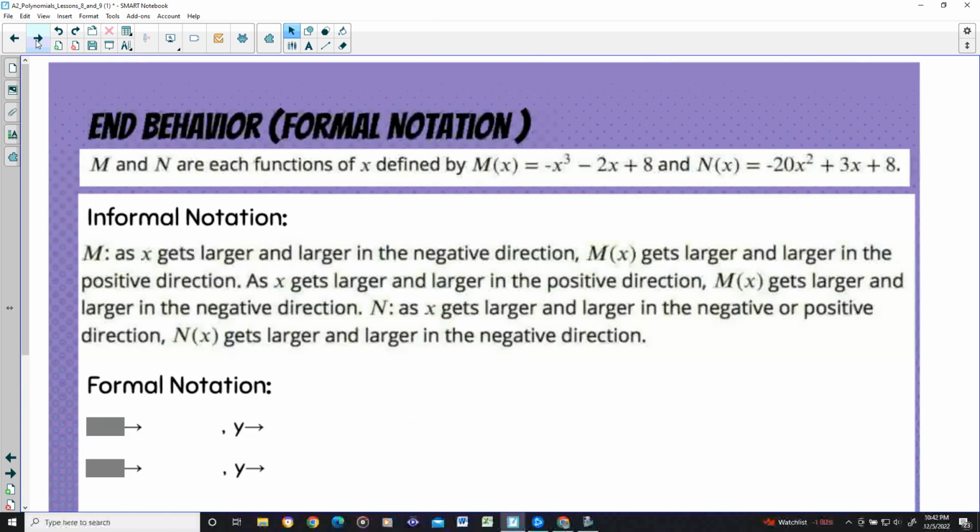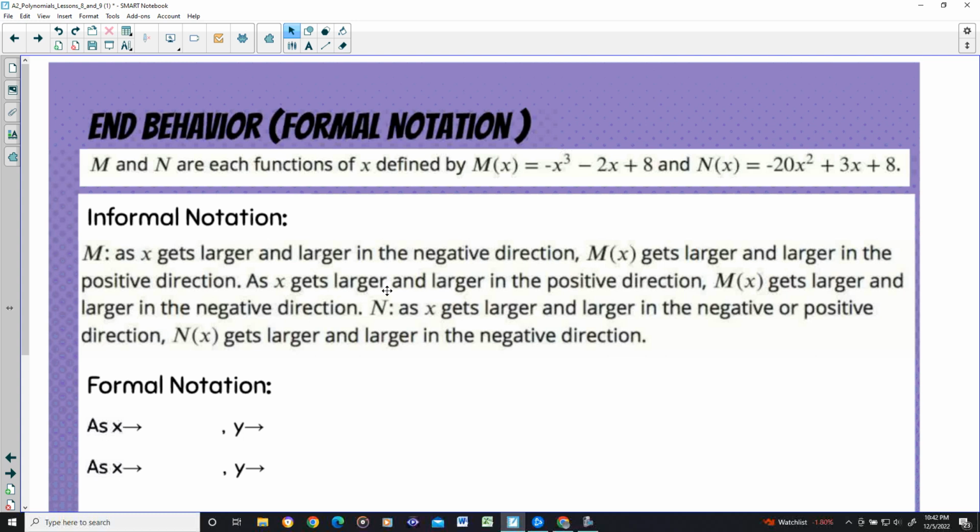Okay, so now what we're going to do is turn this into the formal notation. Thankfully, we don't always have to do all that writing. So if you look at the informal notation, as x gets larger and larger in the negative direction, m of x gets larger and larger in the positive direction.